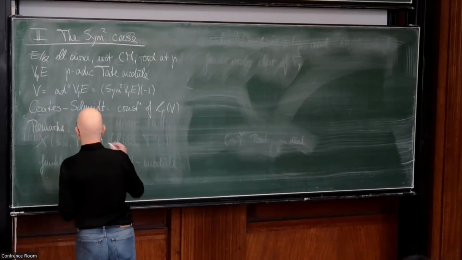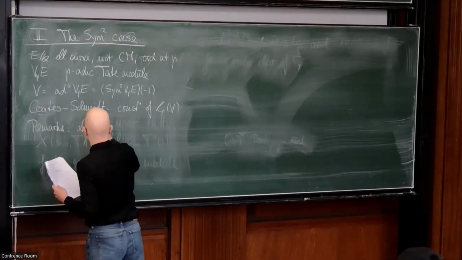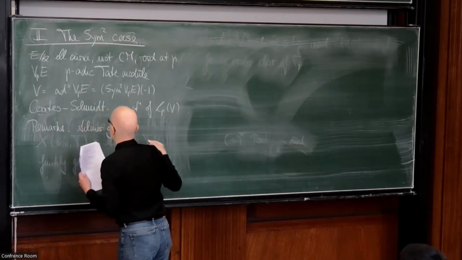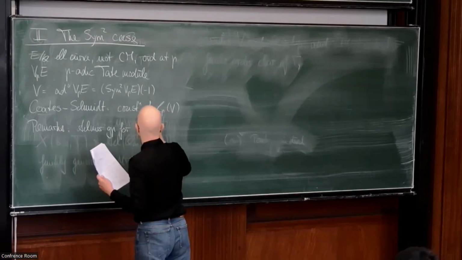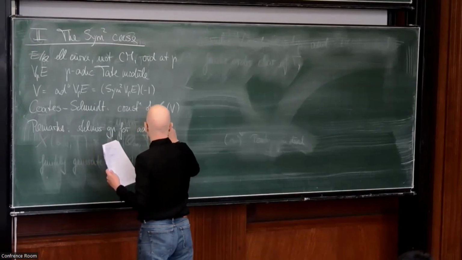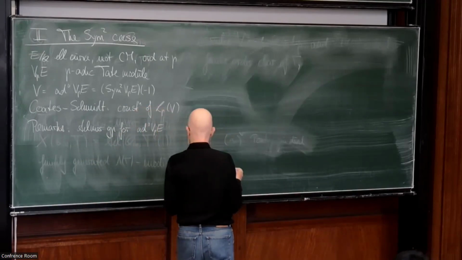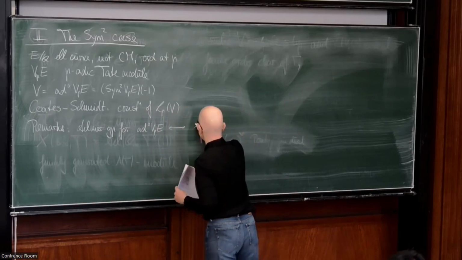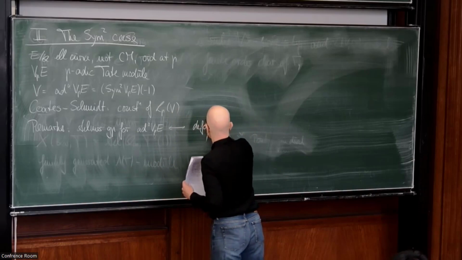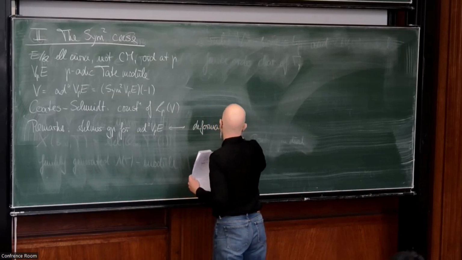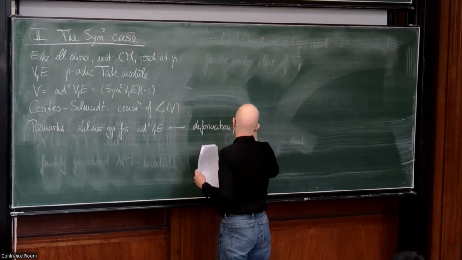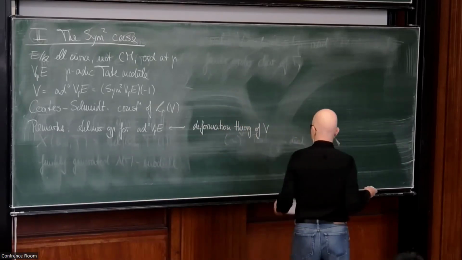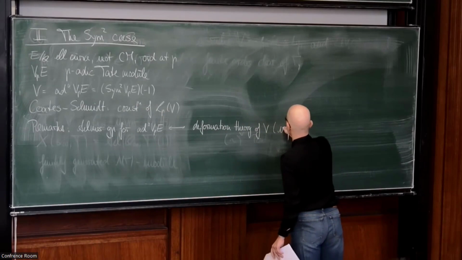Namely, that's the Selmer group for V. The Selmer group for the adjoint representation is closely related to the deformation theory of V, which is important in modularity lifting.